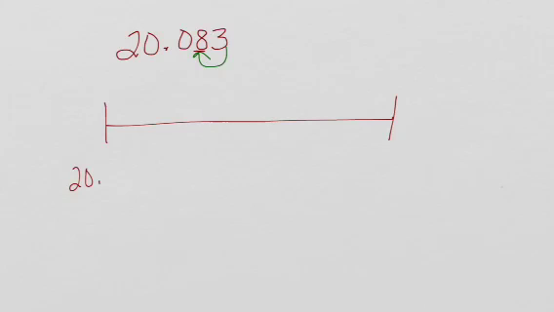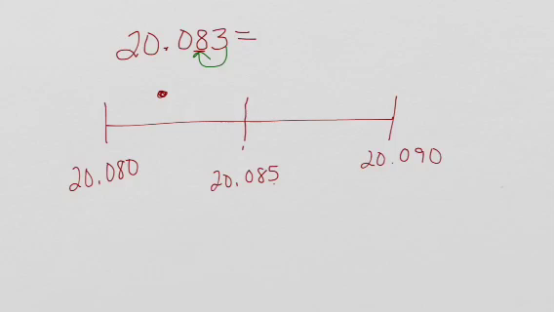So when I think of my number line, I'm going between 20 and 80 thousandths and 20 and 90 thousandths. My halfway point would be that 5, that 85 thousandths. Okay, so looking at my original number, I see 83 would be on this side of the number line. That 3 is less than 4, 4 or less, let it rest. That 8 will not change.